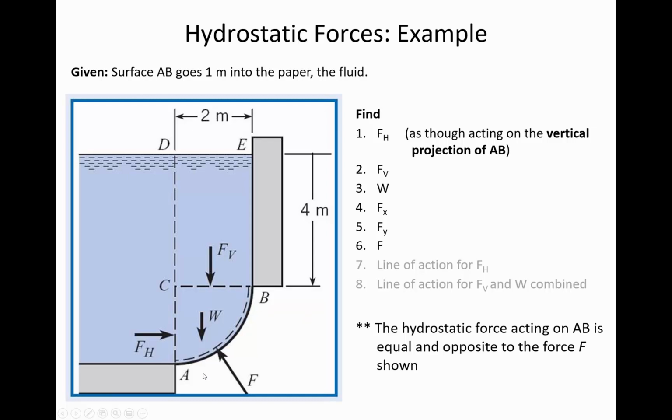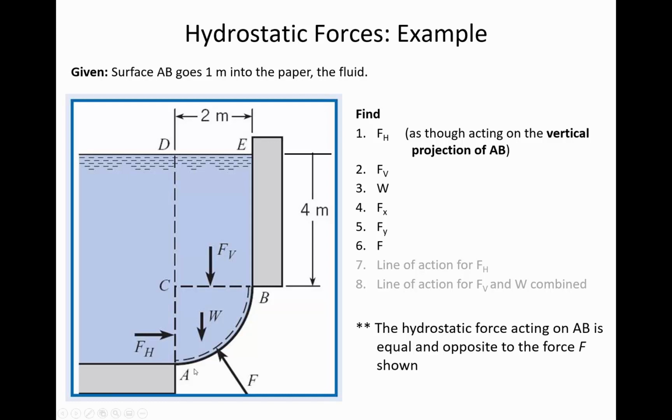But what about W and the location of that? What do you notice about the placement of that force? Like, how is it being represented side to side speaking? Is it at the centroid of that quarter circle? Good, it is.